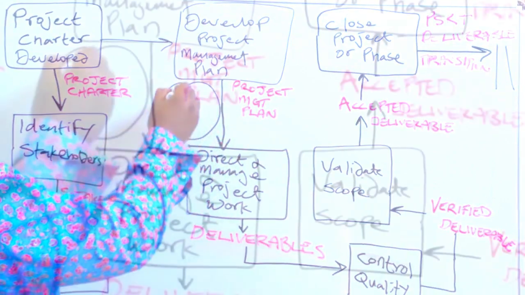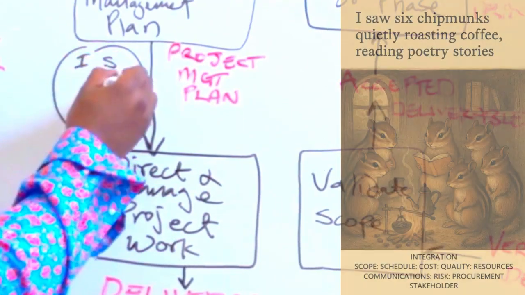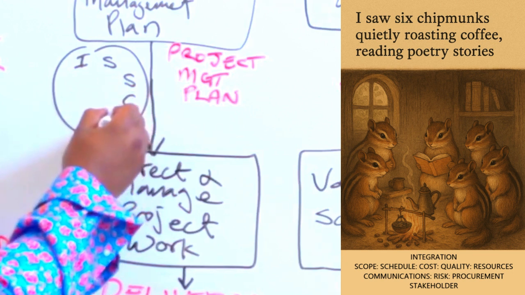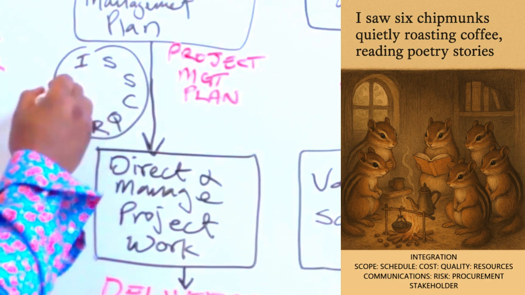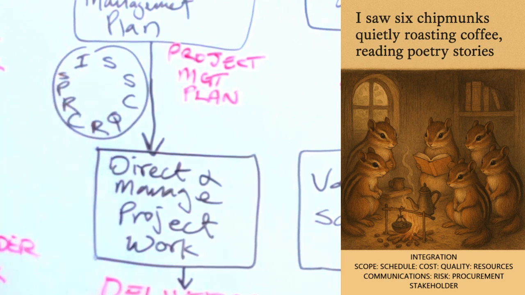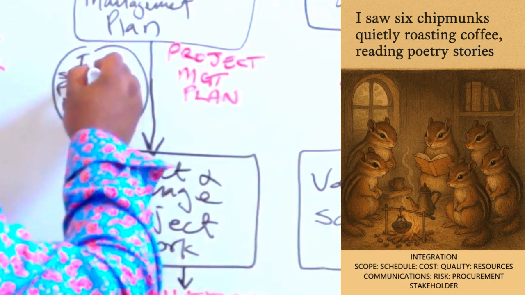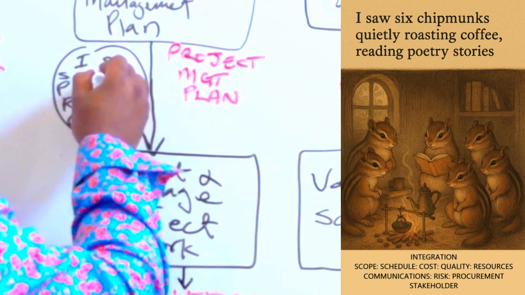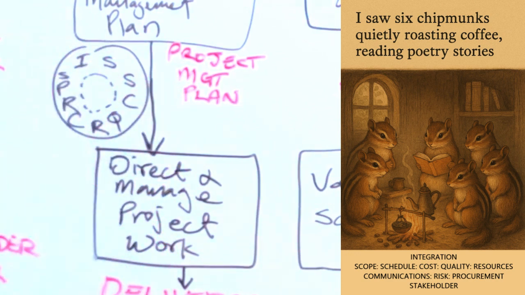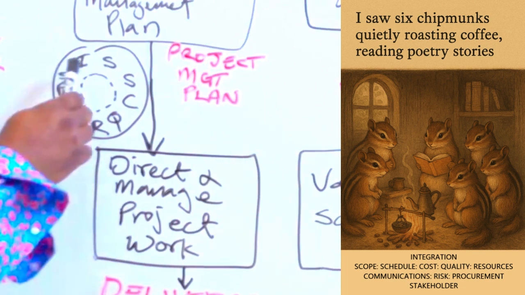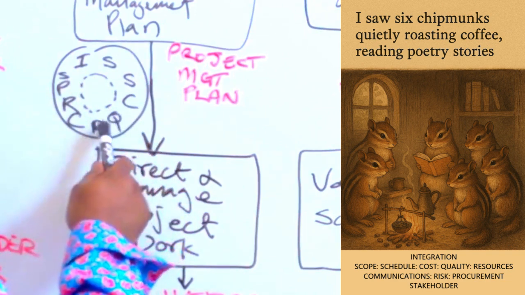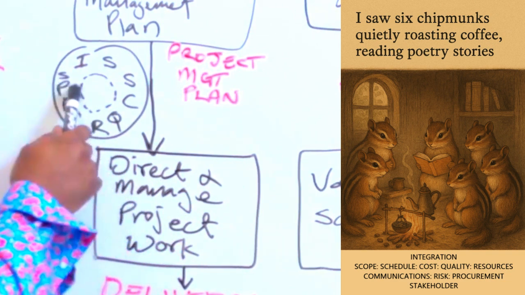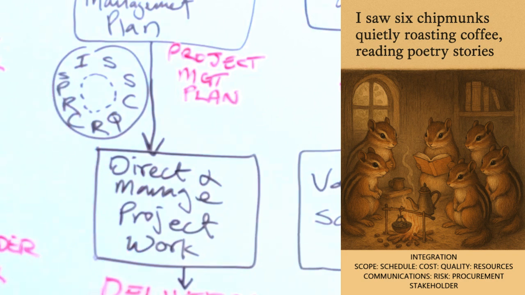I'm going to remind you, I saw 6 chipmunks quietly roasting coffee, reading poetry stories. This right here is a reminder of the knowledge areas. Okay? Integration, scope, schedule, cost, quality, resources, communications, risk, procurement, and stakeholder.